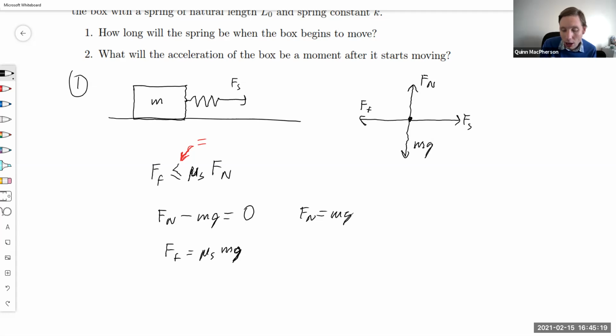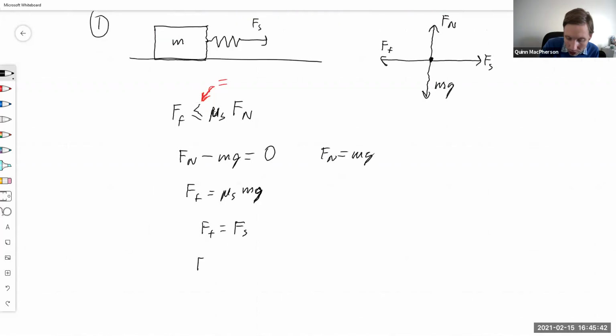Okay, but we also know, by the sum of the forces in the horizontal direction, that force friction is equal to force spring. They have to cancel each other out right when it starts to move. So we can write force spring is equal to mu s mg.